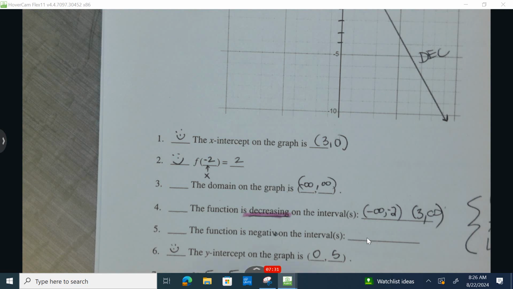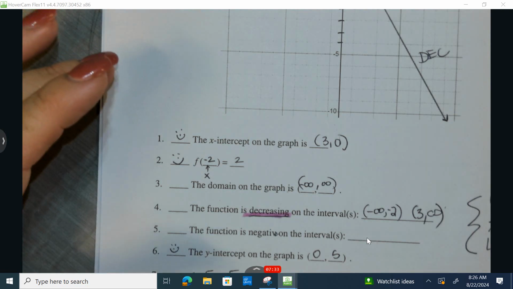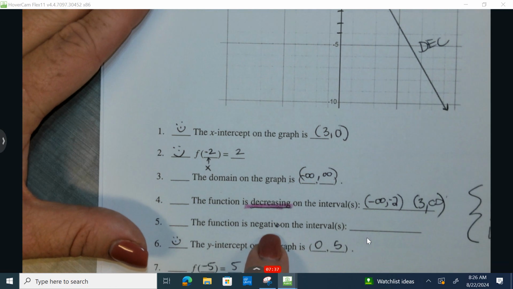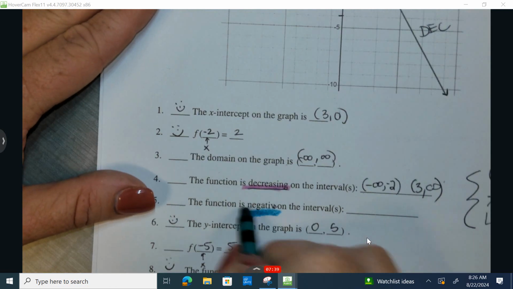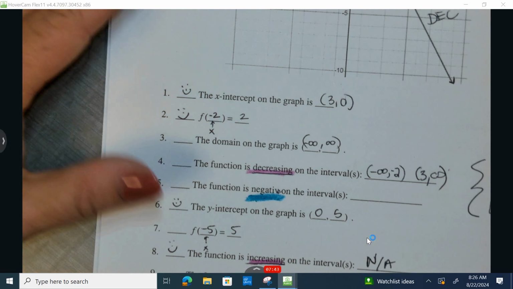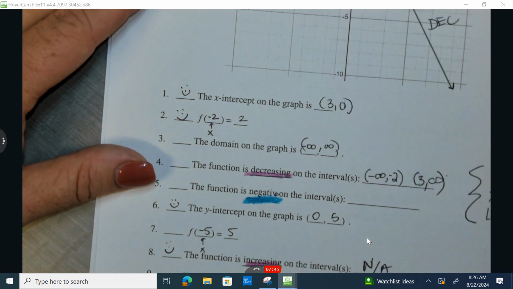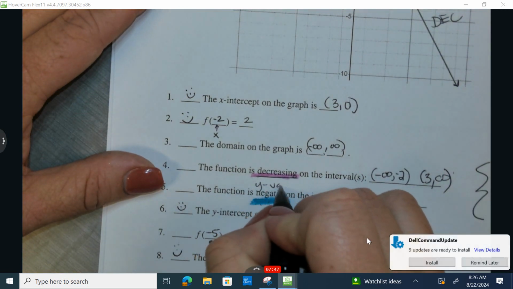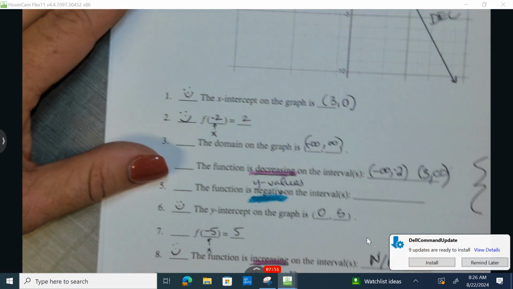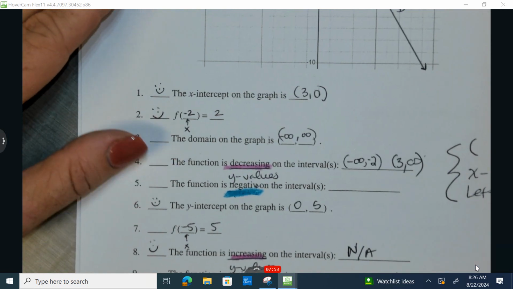There's only 2 left, and for these 2, I'm going to use that second colored crayon. That's a different color. By the way, I forgot an E on the word negative. I want you to underline the word negative and positive, and write y values above that. We're talking about the y values. Where are the y values positive and where are the y values negative?